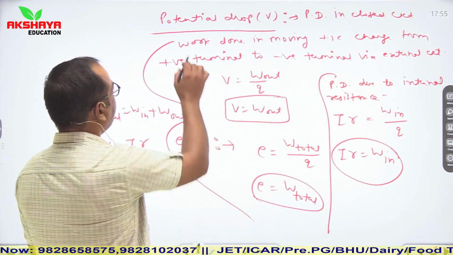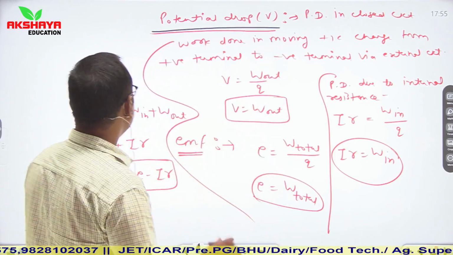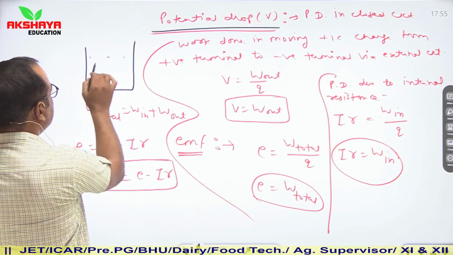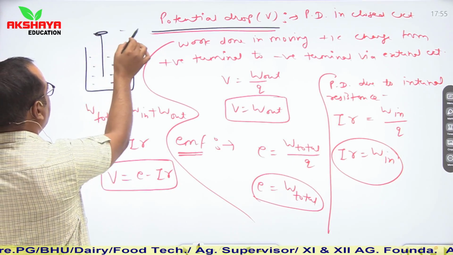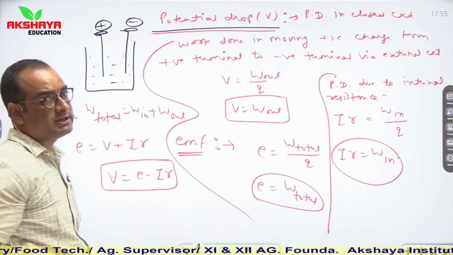If we talk about first potential drop, then potential drop is simply defined as follows. Let us say that we are having a cell. This is an electrolyte filled in it, and these two terminals are there, one is anode and another one is cathode.